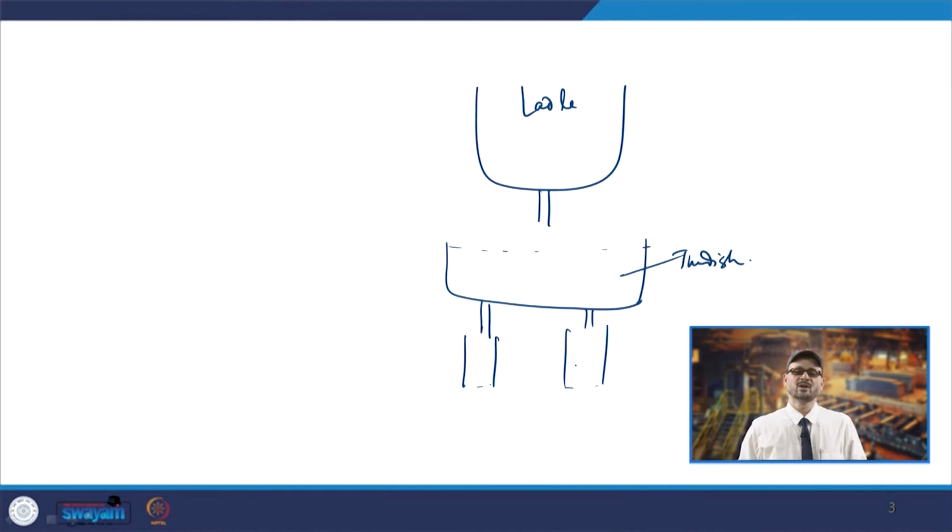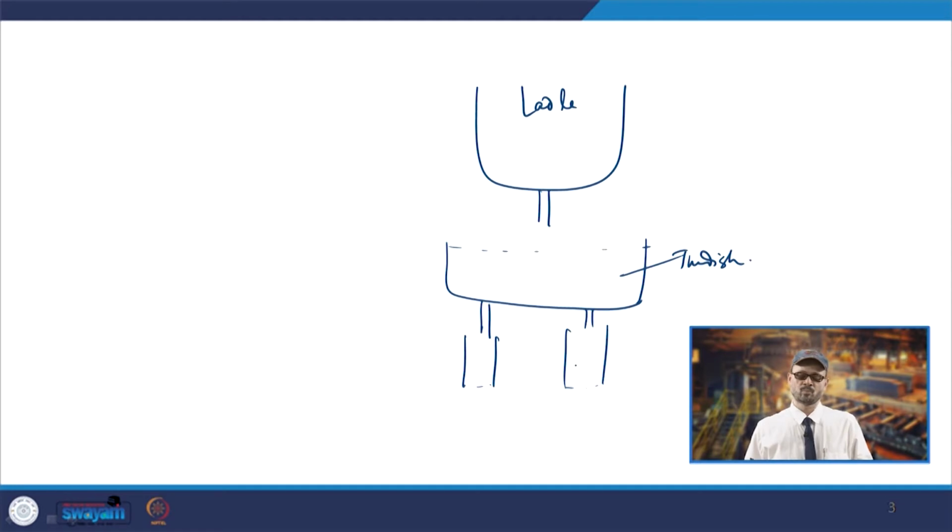So, this is the last reservoir, and that is why its function becomes very important, that it should remove the inclusions from here.